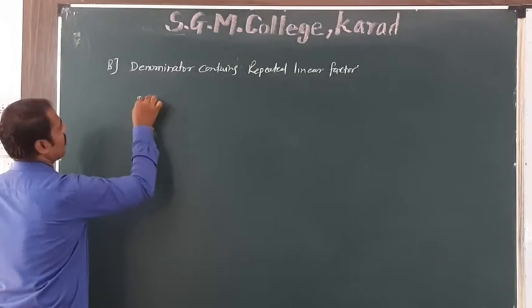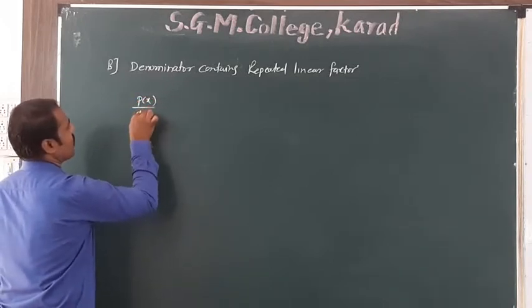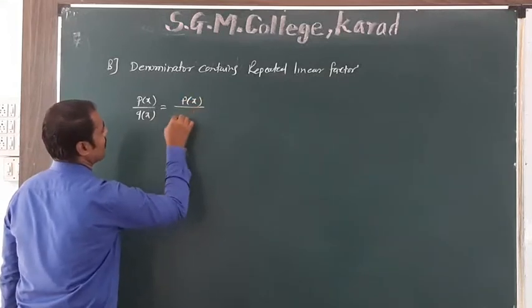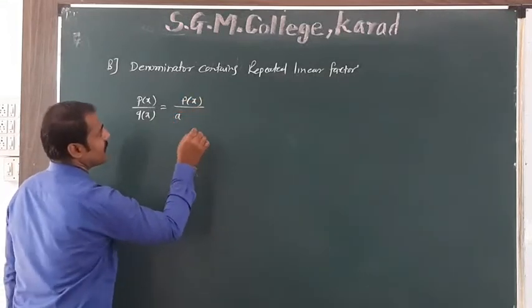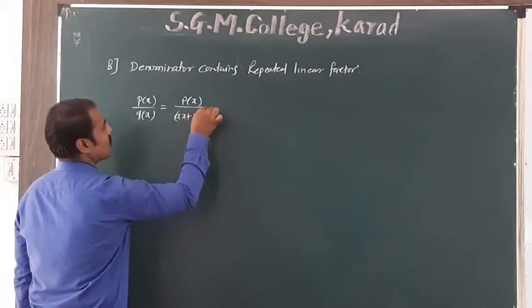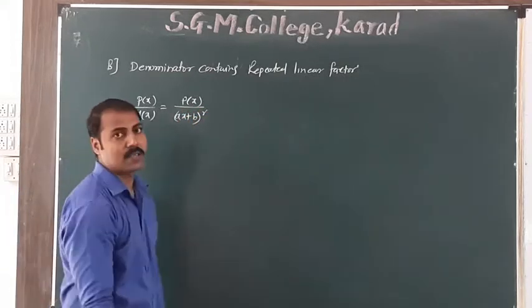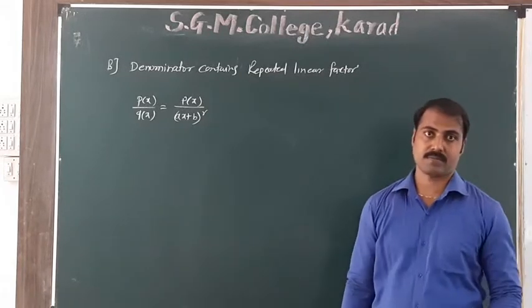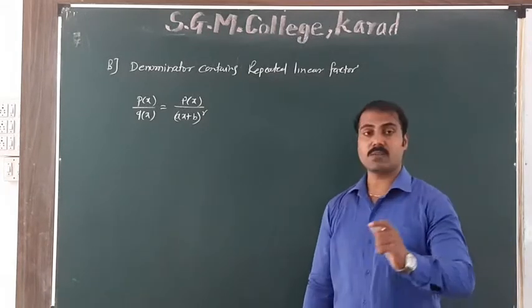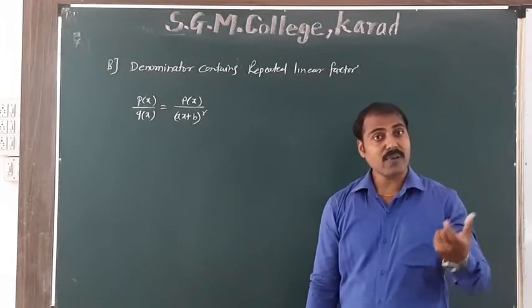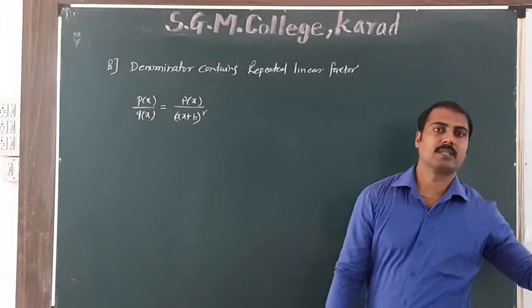That is, our fraction P of x divided by Q of x is of the type P of x divided by (ax + b) raised to r, means ax + b is repeated here r times, means (ax + b) into (ax + b) into (ax + b), and so on, r times, means that factor is repeated.